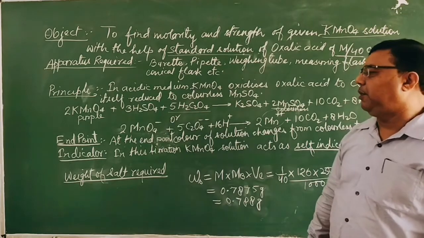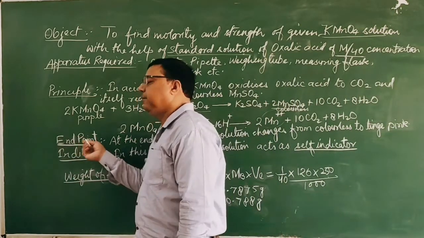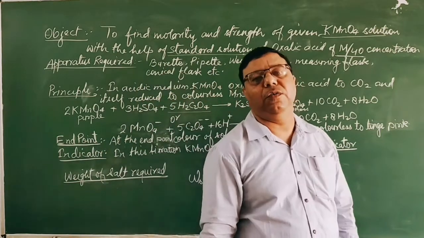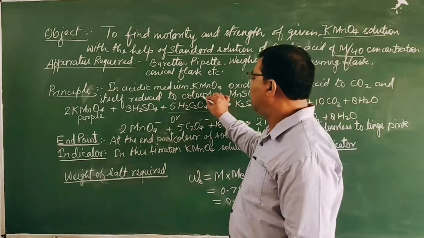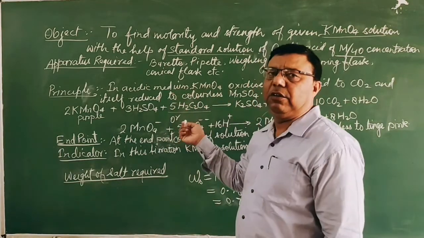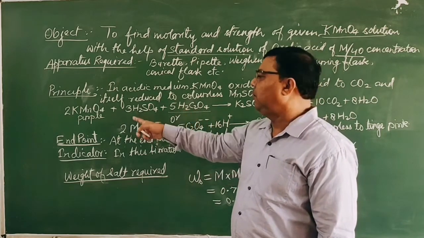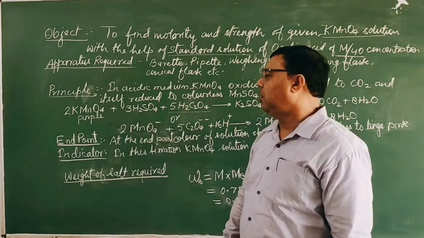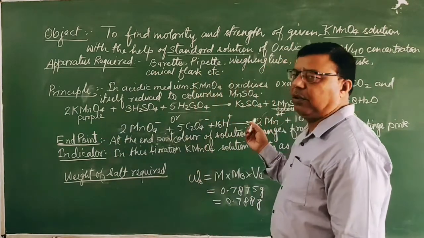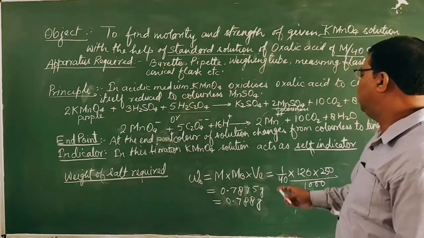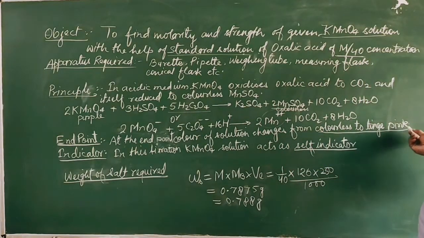When the reaction is completed, that time is called the end point. End point means when the reaction is completed, that is, when the oxalic acid which we have taken in the solution is completely consumed in reaction with potassium permanganate. After that, when one drop of KMnO4 is added to the solution, its color will change from colorless to tint pink.